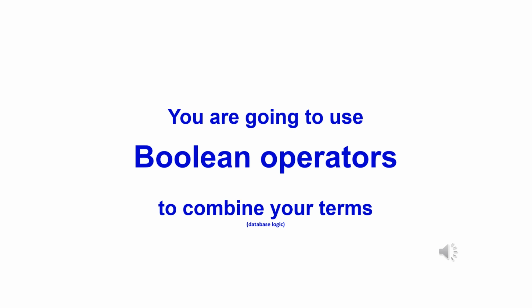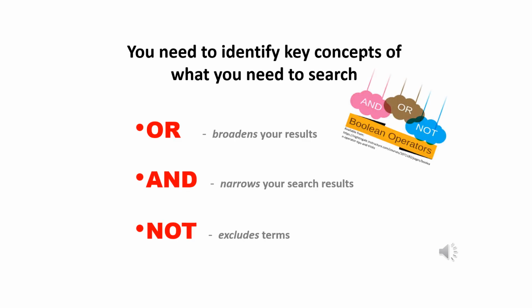So the first thing that we're going to do in PubMed, I'll explain the Boolean operators to you. There will be a research process after the PubMed, and there will be a literature review, and we'll do a search. So we are going to use Boolean operators to combine your search, and that's database logic.